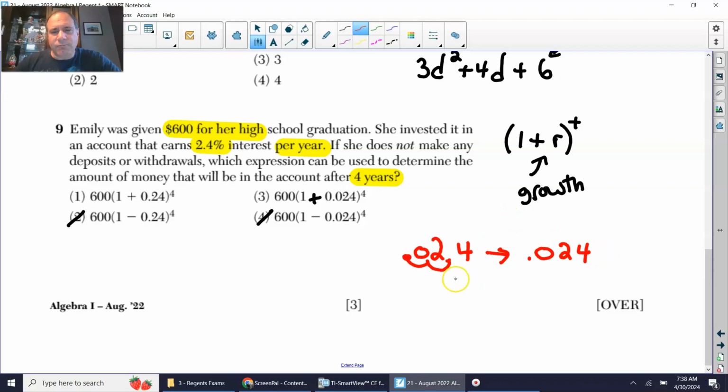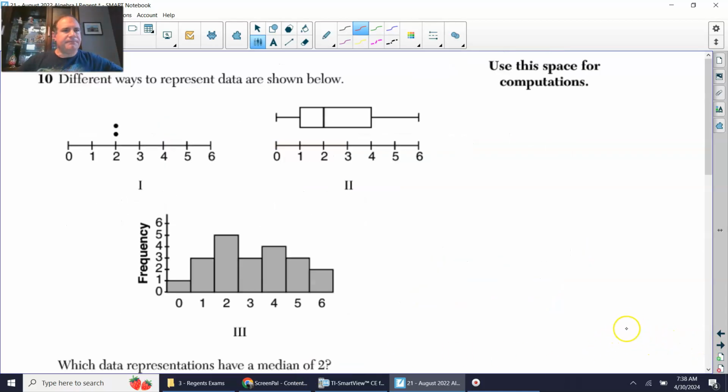So this would be 1 plus 0.024. And that would be over here. Remember, the 600 would be in the front. This is your answer. Right? For this one, they only moved it over once, and that is not how you change a percent to a decimal. So 3 would be your answer for that one.